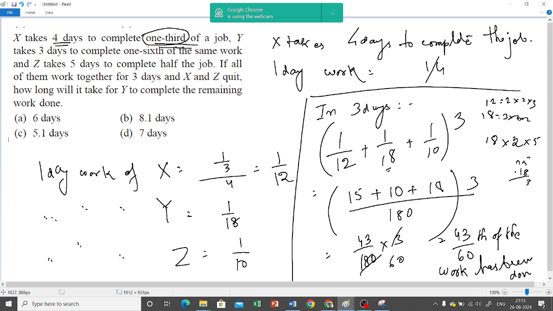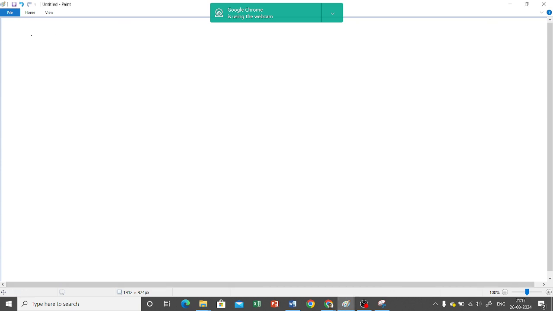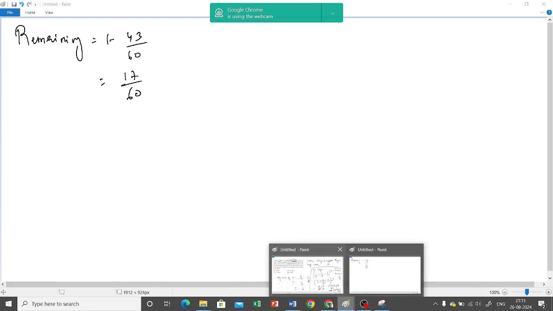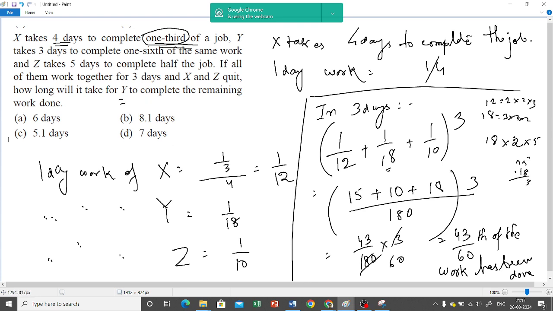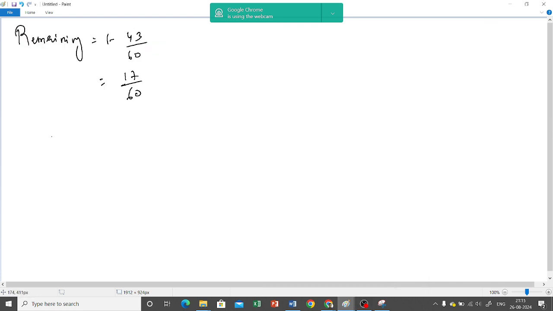Have you understood this much? Now X and Z quit, so what is the remaining amount of work? 1 minus 43/60, so that is going to be 17/60, right? And this remaining amount of work is going to be completed by Y, so how many days will it take?